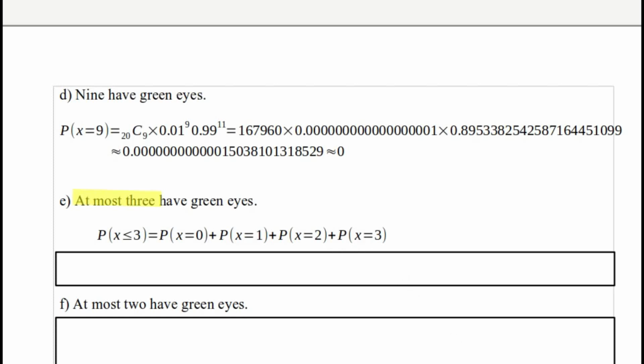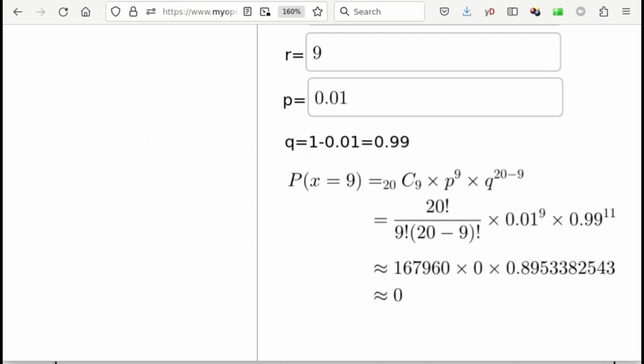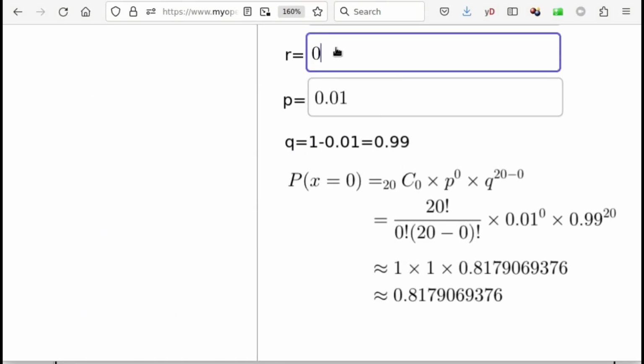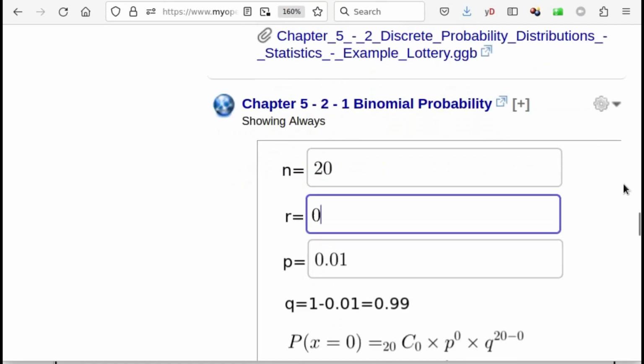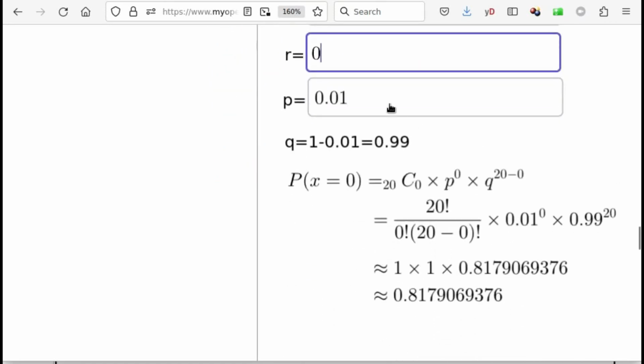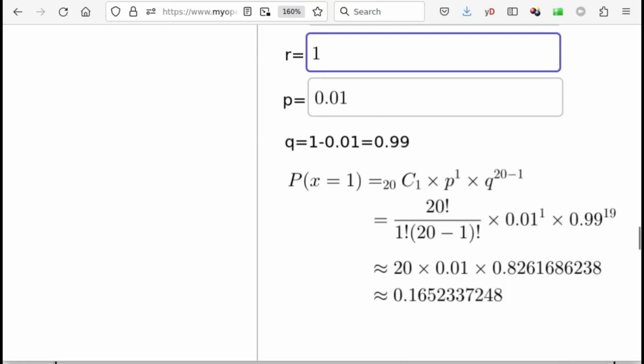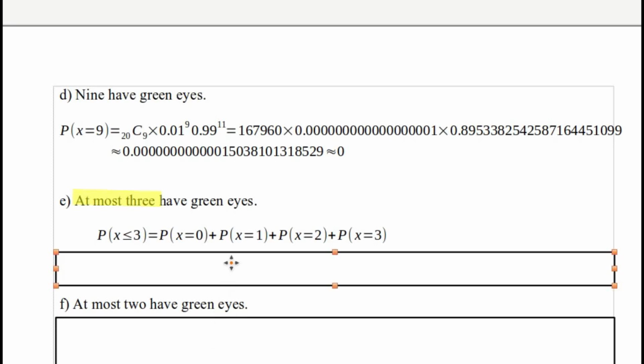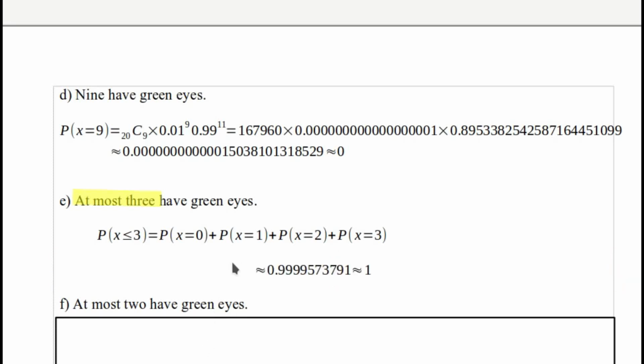And if you're thinking we could go in and calculate those different values for x equals 0, 1, 2, and 3, you're exactly right. We could go in, calculate each of those values, copy it, and then add those values up. I'm going to show you another way to do this.